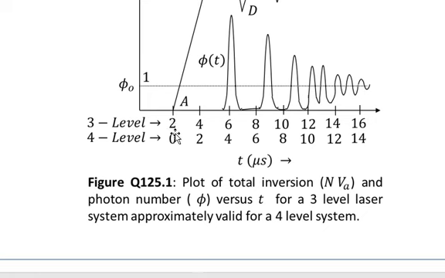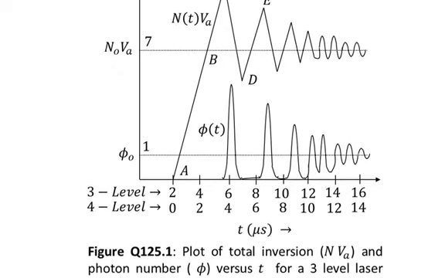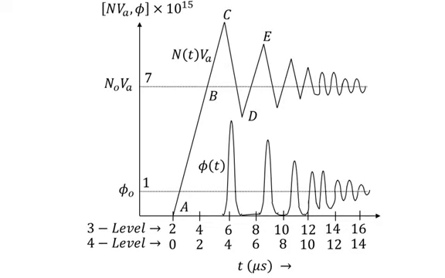So we have started these plots from 2 microseconds for a 3 level laser system, and from 0 microseconds for a 4 level laser system. But more or less the plots for these two, the quasi 3 level and the 4 level laser system, look the same. Only a time difference of 2 microseconds has been shown at the bottom.